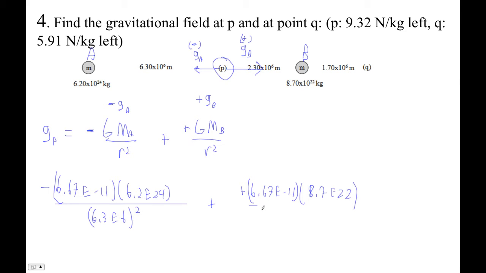This is sort of like our Earth and Moon, and then that distance is squared. Got to turn your calculator on. 6.67 E minus 11 times 6.2 E24 divided by 6.3 E6 squared.